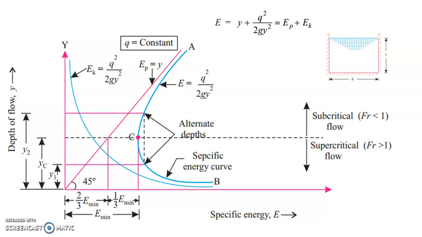And y1, which is less than yc, will lead to a condition where Froude's number is more than 1, and the flow is called supercritical flow. It is this specific energy curve where we can make out three separate zones: critical level, supercritical flow level, and subcritical flow level.